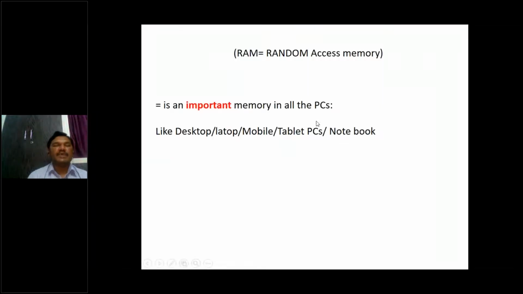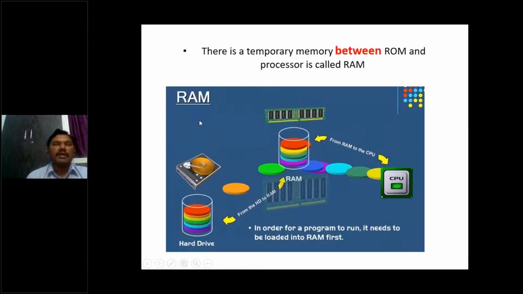Right, random access memory. It is an important memory in all the PCs like desktop, laptop, mobile, tablet PCs, notebooks, and everywhere. You will see this random access memory for temporary storage of data. There is a temporary memory between ROM and processor called RAM.